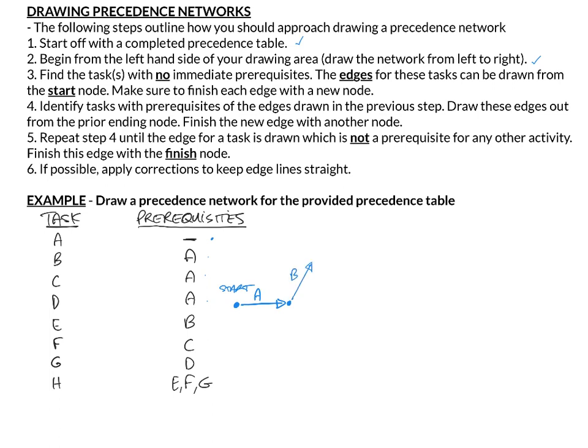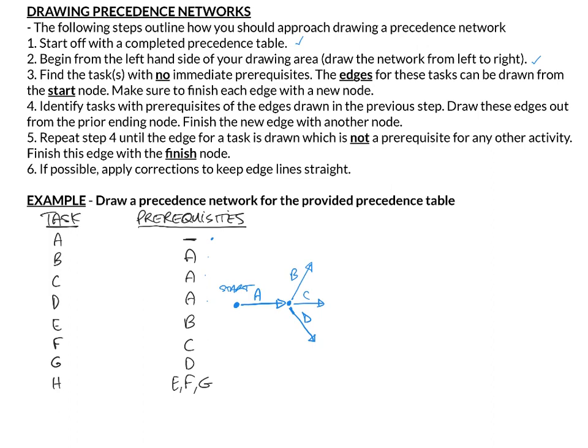C only happens when A has happened, so C comes out from the end of A, and D only happens when A has happened as well, so D comes from the end. Oh, that's not a D, that's a C. D comes from the end of the A task.